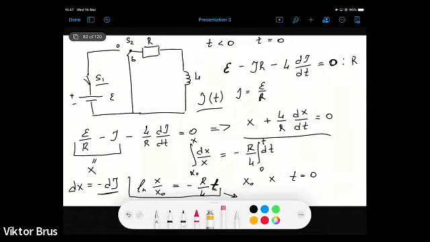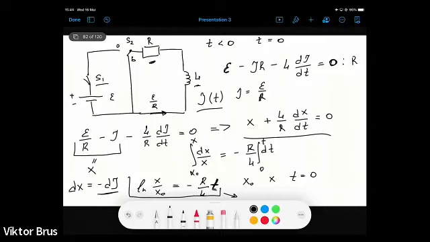So with this, we eliminate the battery from the circuit, and our circuit consists only of inductor and resistor. So now we have some current initially flowing, epsilon divided by R, in this circuit. And since we detached it from electric battery, this current will start to decay with time.